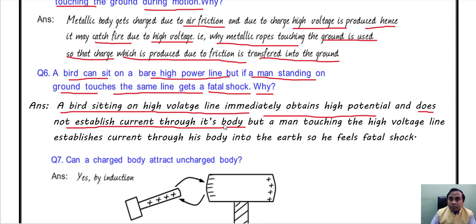There is no current flow. But if a man who is standing on the ground touches the high voltage line, this establishes a regular rate of flow of charge from the wire to the ground, and this generates a regular flow of current that obstructs heartbeat, and this appears in the form of a fatal shock. Interesting.